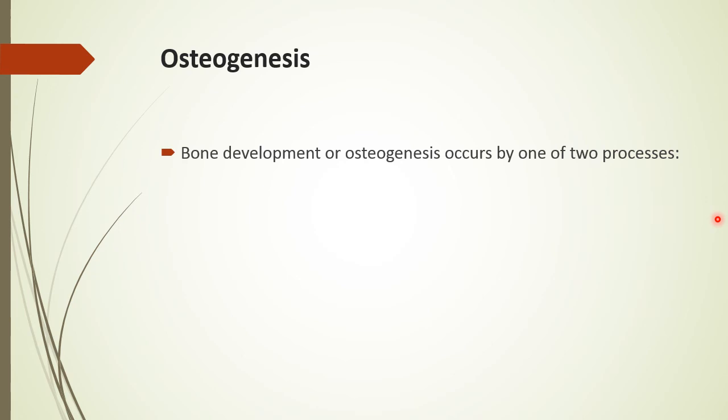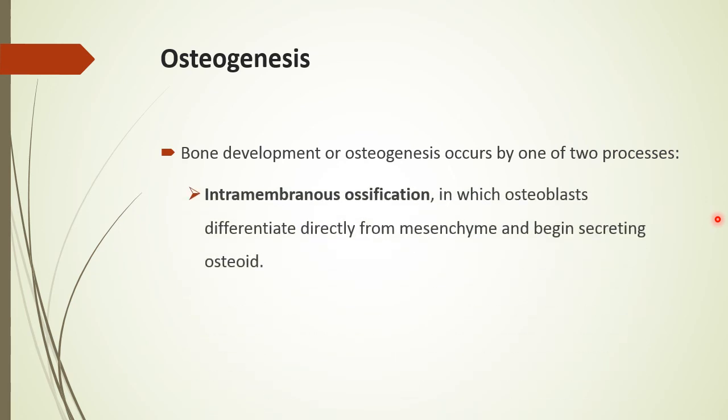Bone development occurs by one of two processes: either intramembranous ossification, in which the osteoblasts differentiate directly from mesenchyme and begin secreting the osteoid. Osteoblasts differentiate from mesenchyme and immediately start producing the osteoid, which is the early newly formed non-calcified matrix.